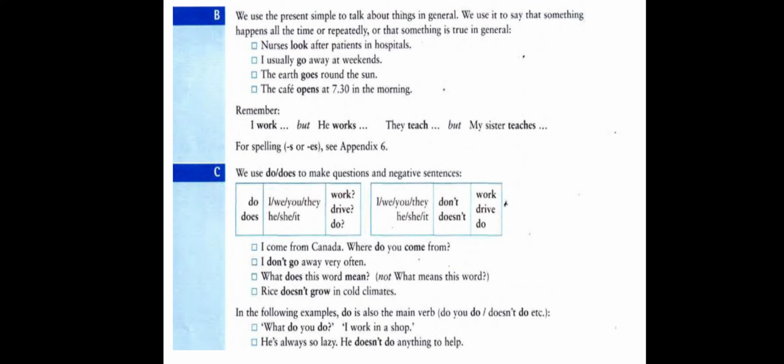When you use the helping verb do or does or don't or doesn't, you must return the main verb into its original form, its base form. What does this word mean?